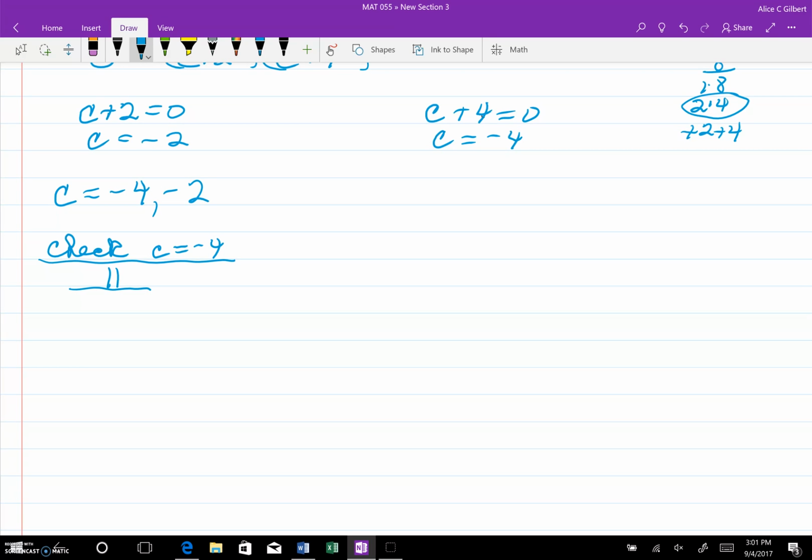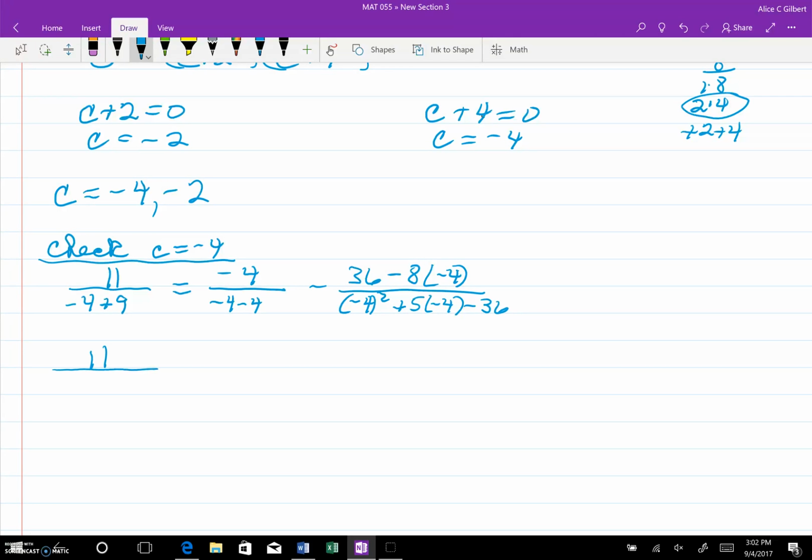So C minus 4 plus 9 equals minus 4. Wherever there's a C, I'm putting minus 4 into the original equation. Minus 8 times minus 4. And this is minus 4 squared. Plus 5 times minus 4. Minus 36. Okay, so let's keep going.